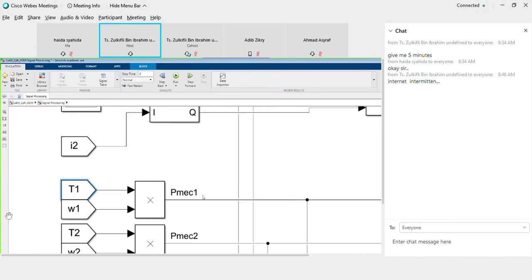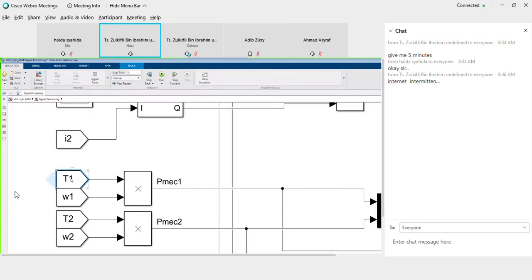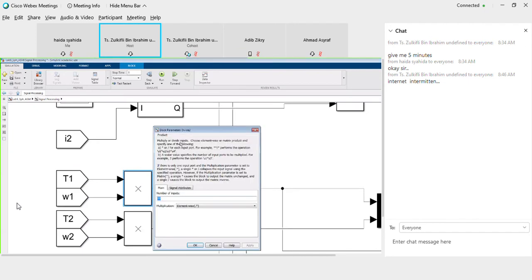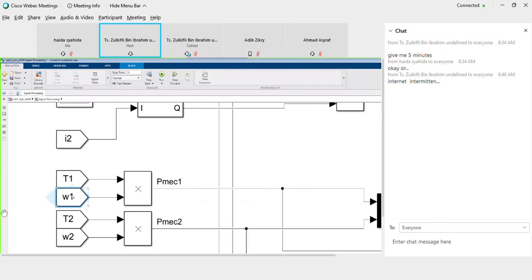Okay, so go to here, and then dia pergi kepada multiplier, the product block, and then the product block kita letak di the speed of the machine tadi. So P equals to torque tau omega.